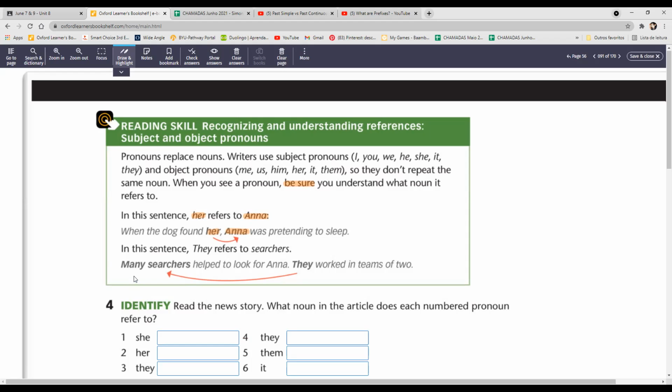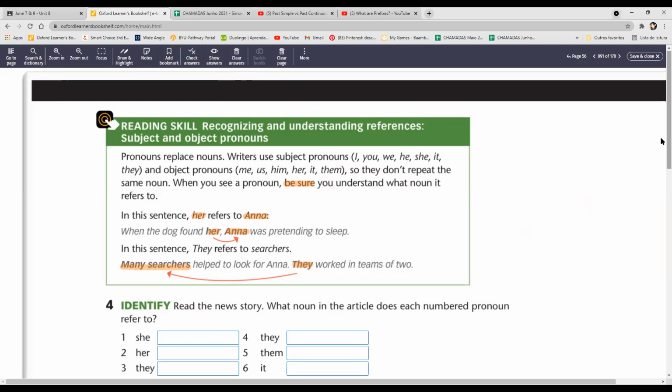Example, many searchers helped to look for Anna. They worked in teams of two. So here we have they referring to many searchers. Okay, guys, instead of repeating many searchers again, I can replace it with a pronoun.